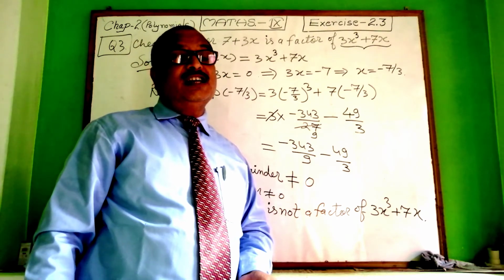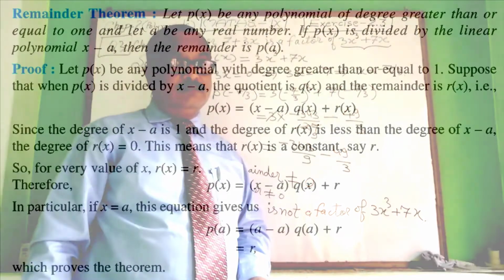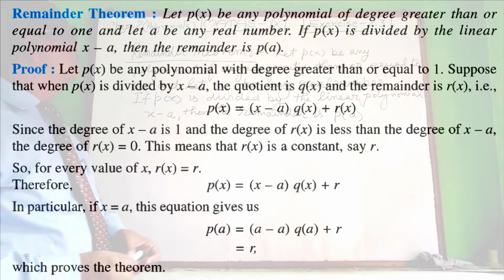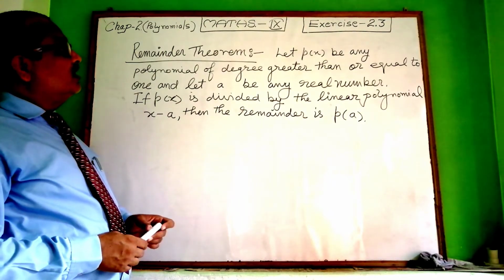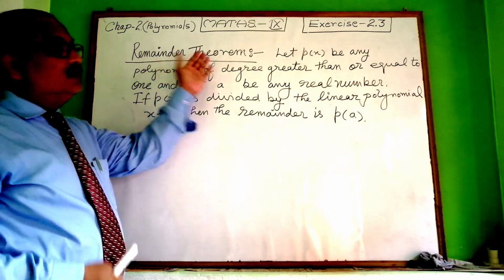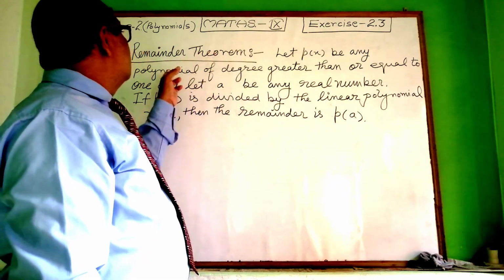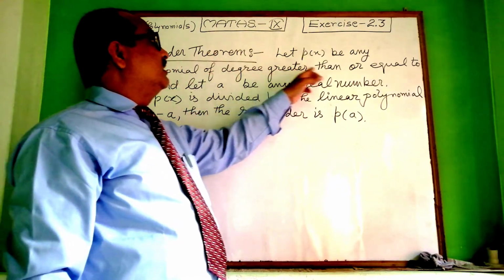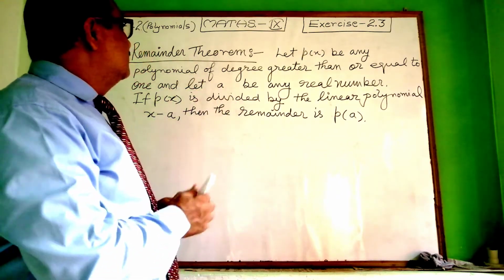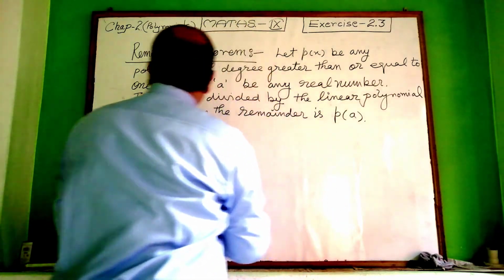Now you will see the statement of the remainder theorem, what it says. Suppose p(x) is any polynomial of degree greater than or equal to 1, and let a be any real number.